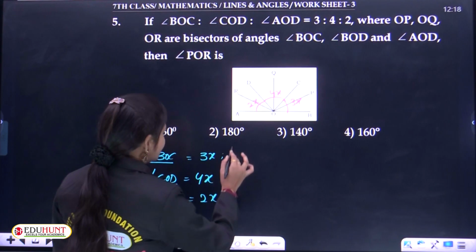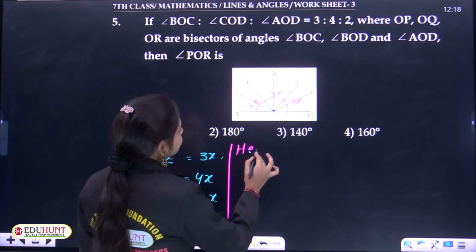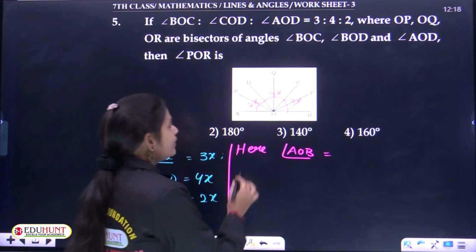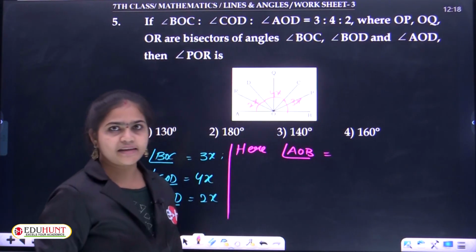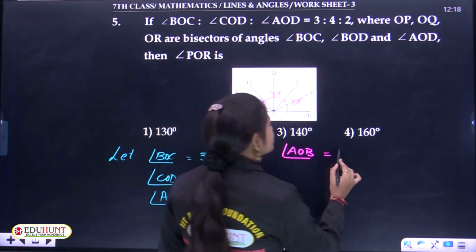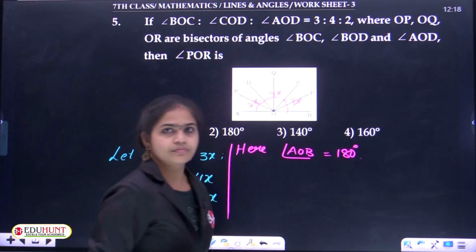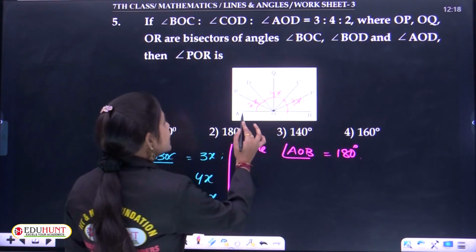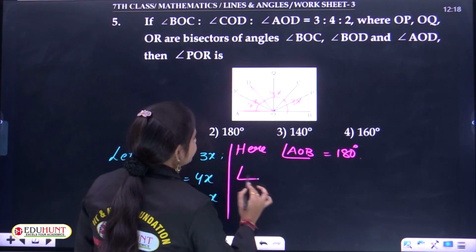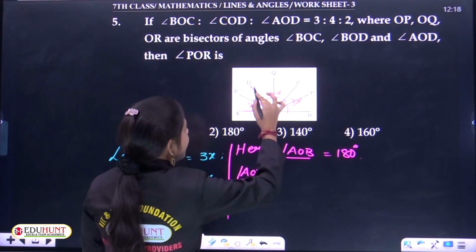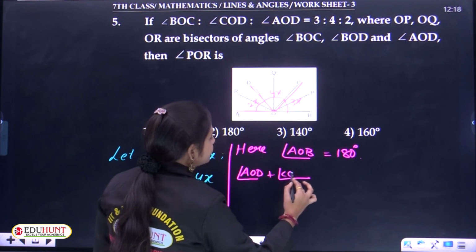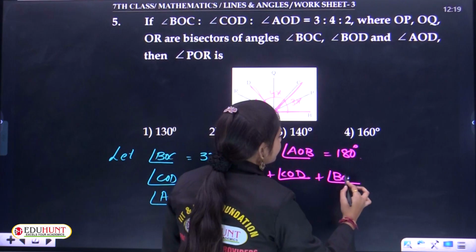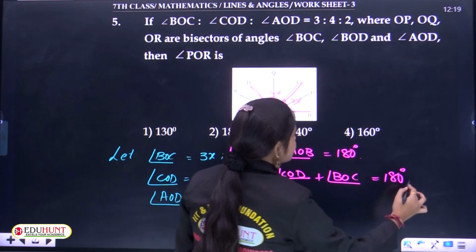We know that here angle AOB is equal to how much? AOB is a straight line. Then here angle at O is equal to 180 degrees only. AOB is equal to 180 degrees. Now this AOB we can write as angle AOD plus angle DOC or COD, next angle BOC or COB, which is equal to 180 degrees.